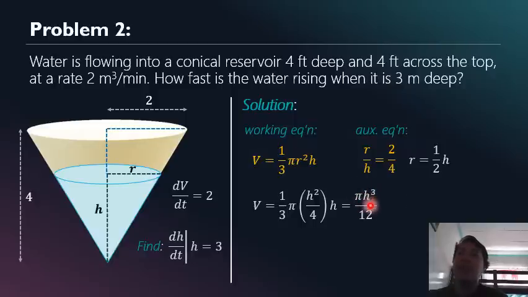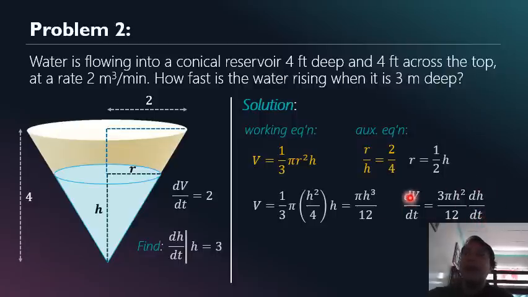So, we will have 3h squared dh over dt. So, dv over dt is equal to pi over 12 multiplied by 3h squared times dh over dt.